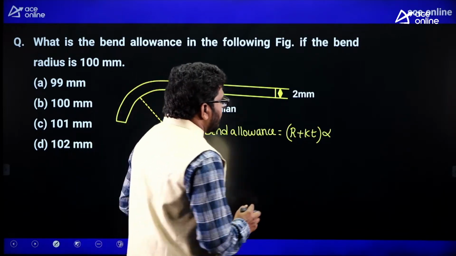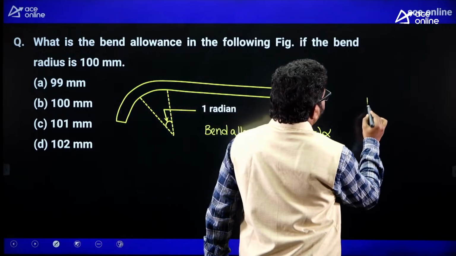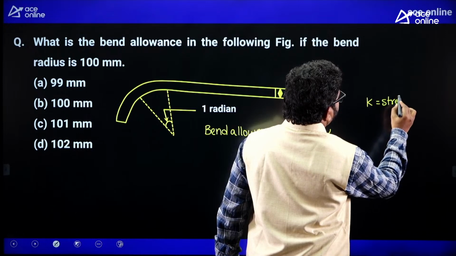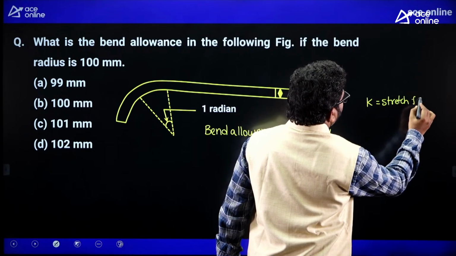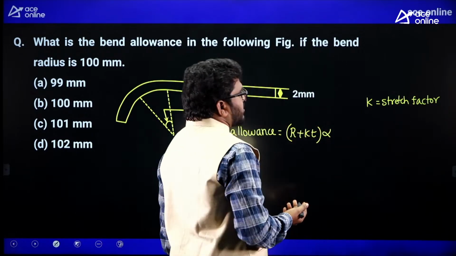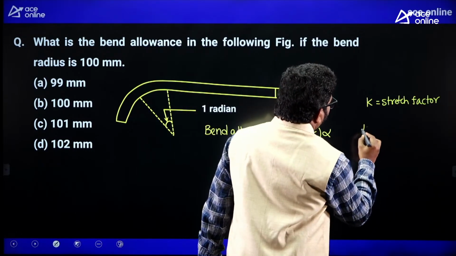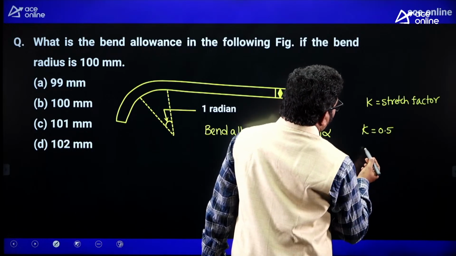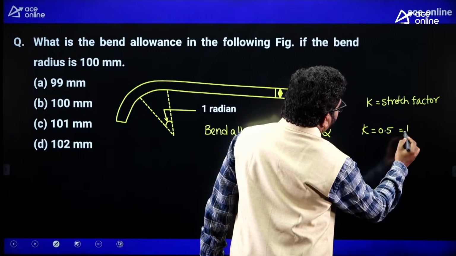Right. Here K is a stretch factor. In the question they will give you. In case it is not given in the question, you can take K as 0.5 mostly. Okay, 0.5, that is 1 by 2.